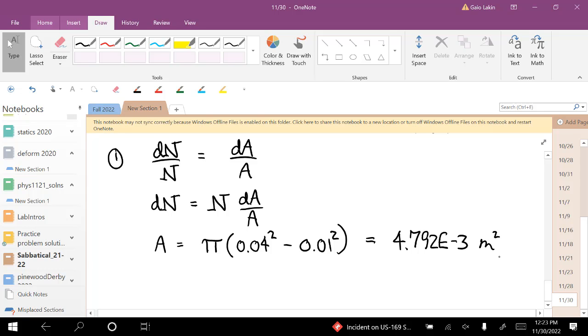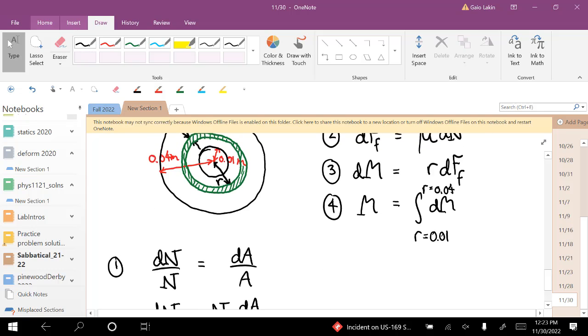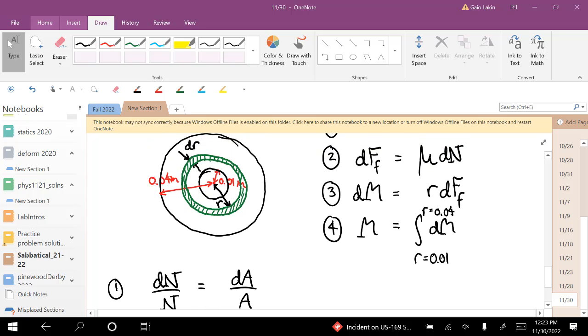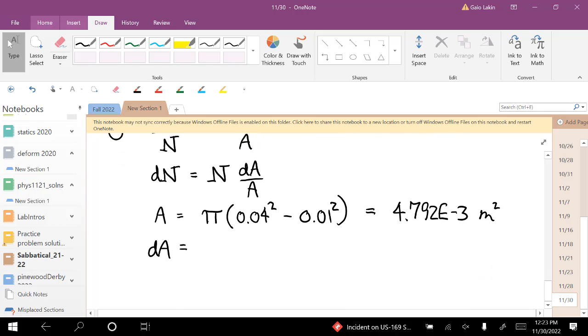Now we have to calculate dA. Imagine cutting that infinitesimal strip and stretching it out: it's dr times the circumference, so 2 pi r dr.